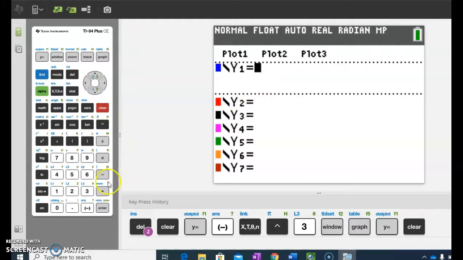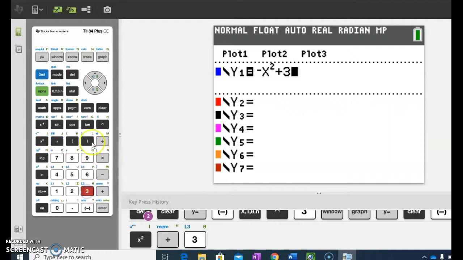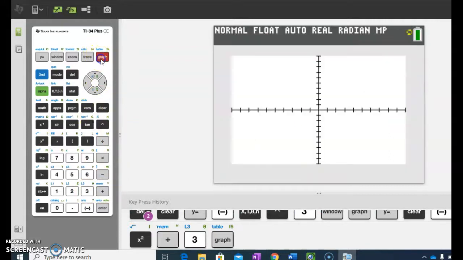And I'm going to put in the equation the negative x squared plus 3. And let's go ahead and graph that. And as you see, it is the quadratic turned upside down and moved 3 units. So if you needed to, you could have used a graphing calculator.